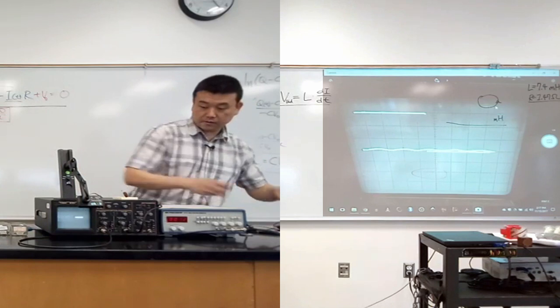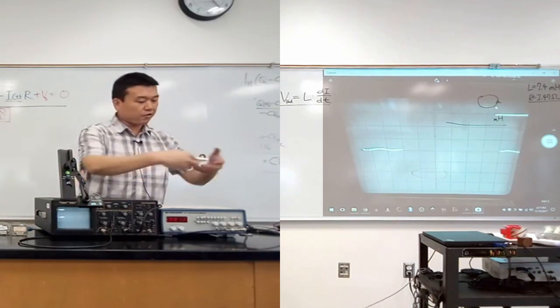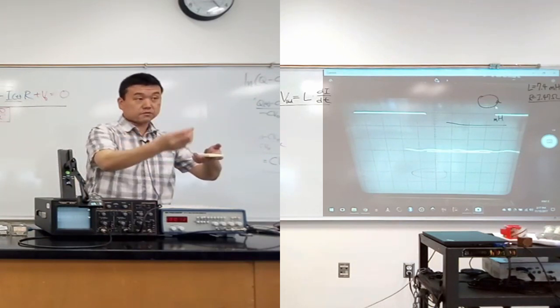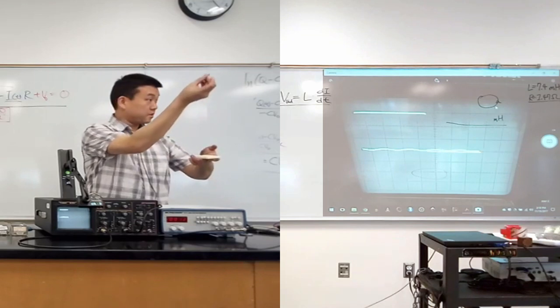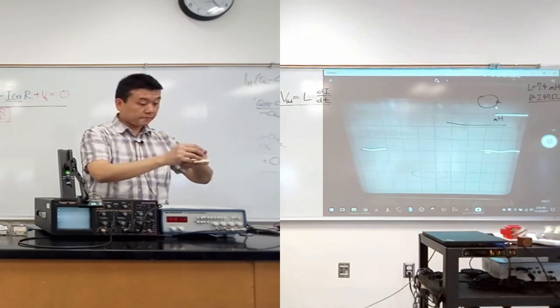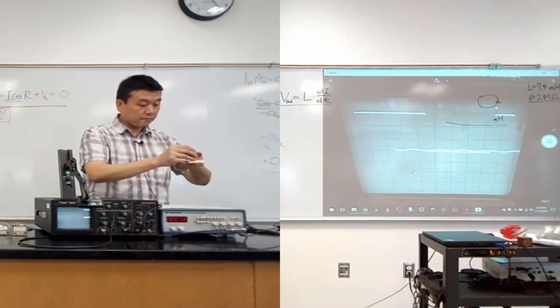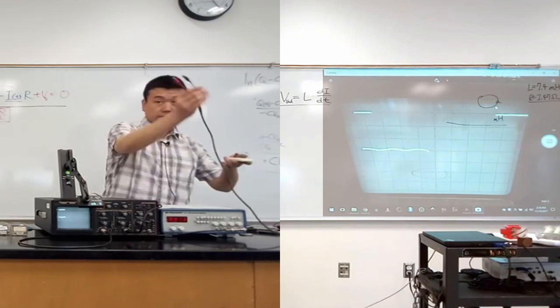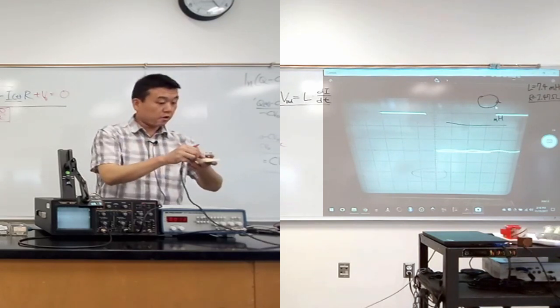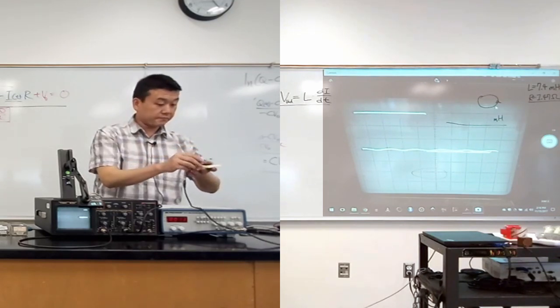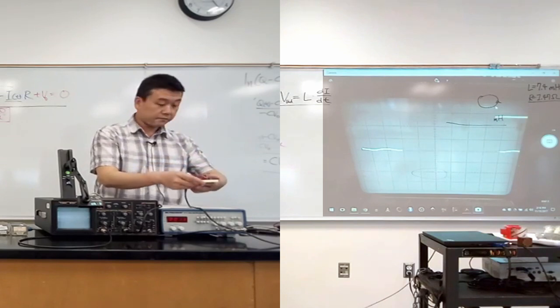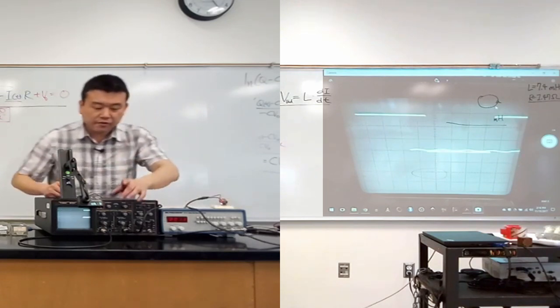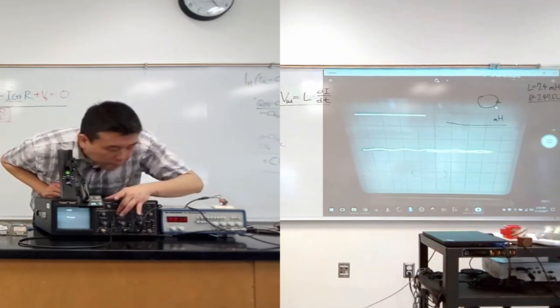I can take this circuit, and I'm going to build a separate circuit here, just a resistor circuit with a 1 kilo ohm resistor. And what I'm going to do now is connect this voltage source across this 1 kilo ohm resistor. Good? Let me turn off B because I'm not doing anything with B right now.